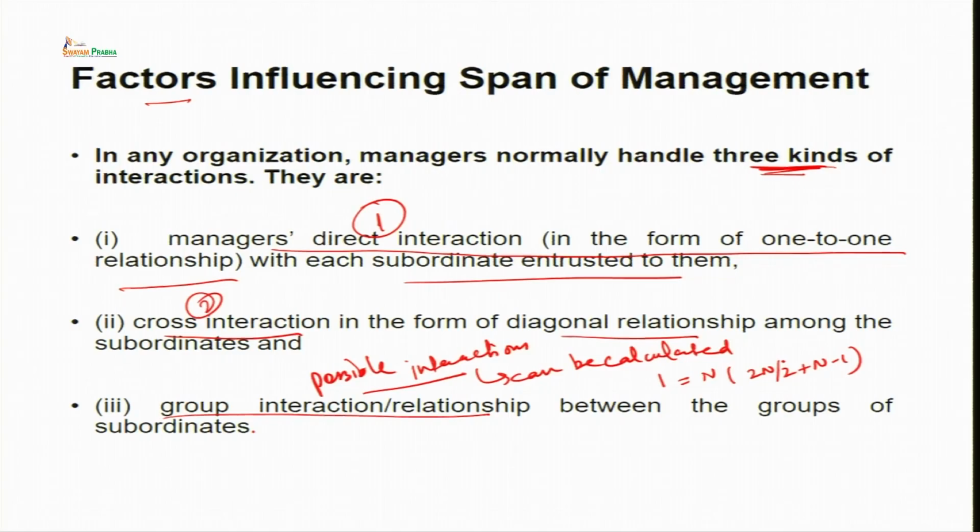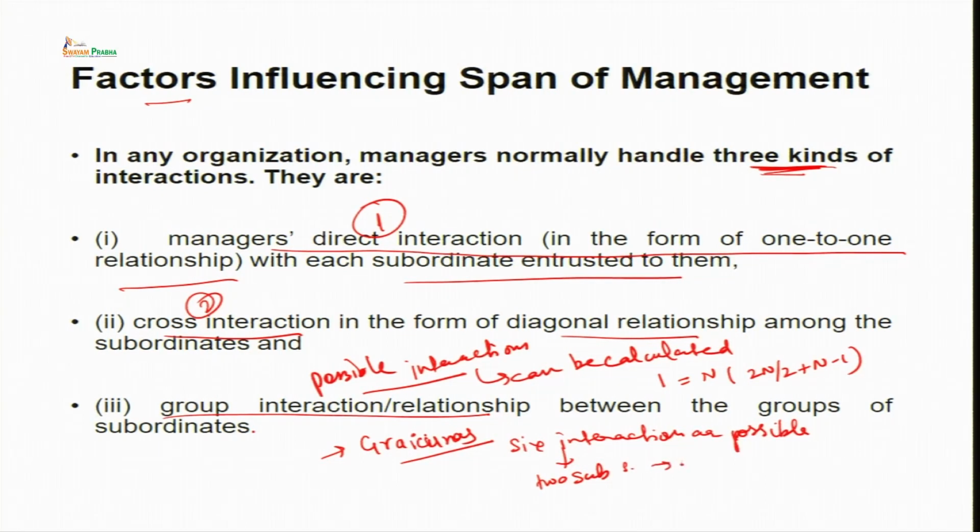So, when two subordinates work under one manager, according to Graicunas, 6 interactions are possible. In which scenario? When there are two subordinates under one manager.